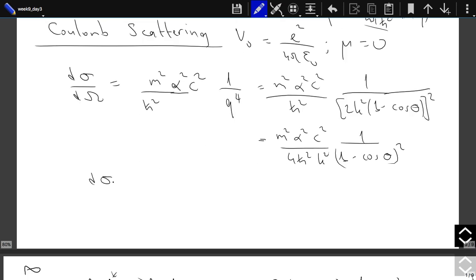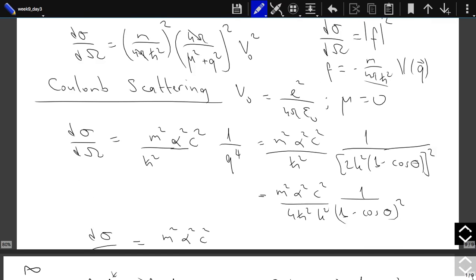Or d sigma by d omega is equal to m squared alpha squared c squared over 4. Well, h bar squared k squared is nothing but k to the 4. Now, let me go back. I have h to the 4, h to the 4, k to the 4.